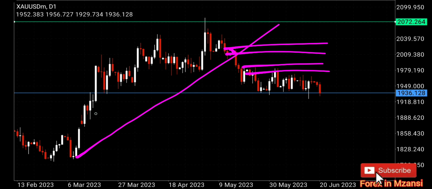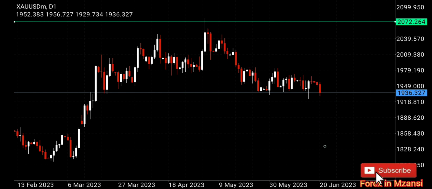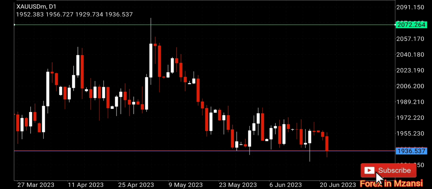So now here we can say that we have got our support here and our resistance there, which means that because we are currently bearish on this time frame, and you can see each time the price tries to approach that resistance, you're having a bearish pin bar and then it drops again. So that's why you need to understand that, because ever since the monthly time frame, the weekly time frame, and now the daily time frame, all of them are saying there's a lot of pressure to push to the downside.